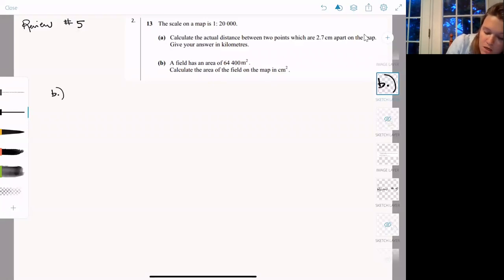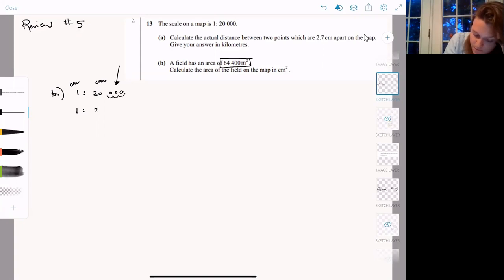Part B. So we know that the ratio is 1 centimeter to 20,000 centimeters. But this representation is in meters squared. So even though these are both centimeters, I want to convert this one to meters. So 1 centimeter is going to be worth, centa means 100, into meters, divide by 100, 1, 2, 3.